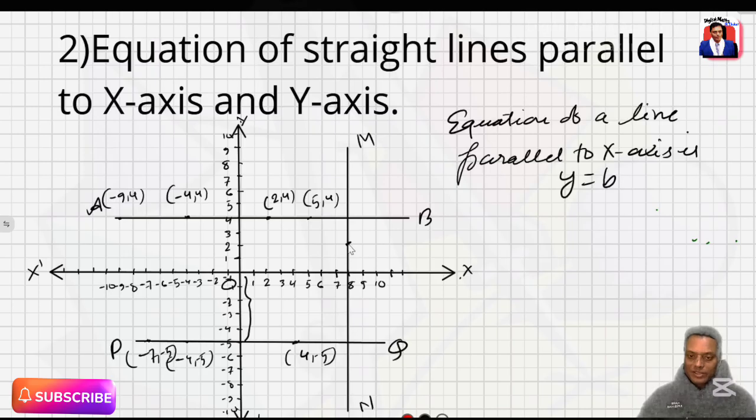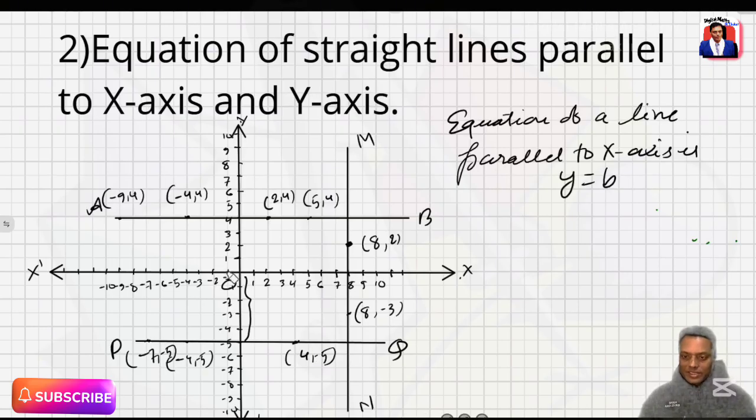When we find the coordinates of the points, they will be (8, 2), and this point (8, -3), isn't it? So everywhere on this line the x coordinate will be 8 only, right?